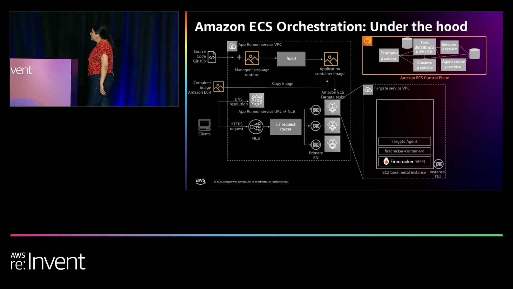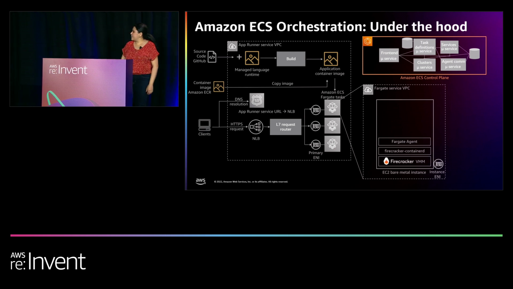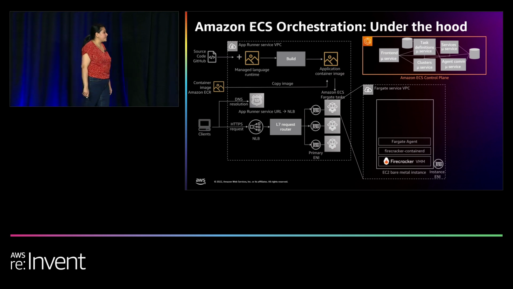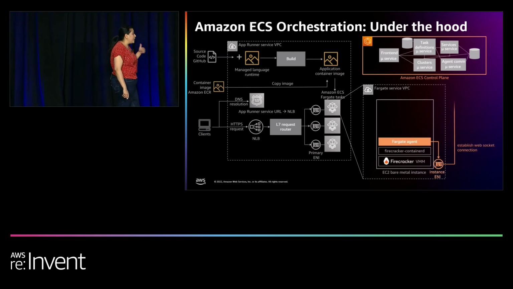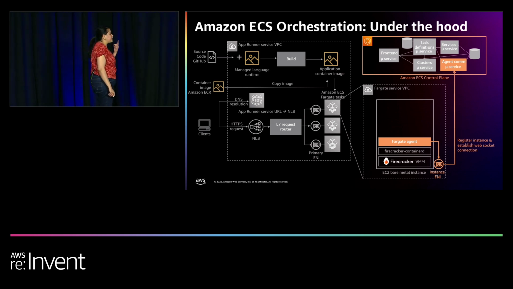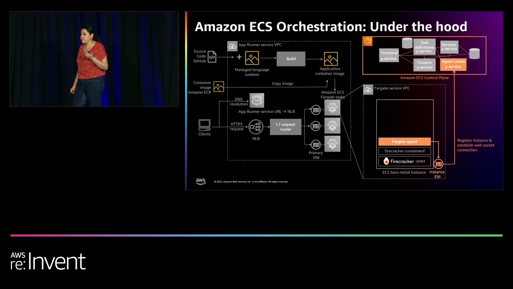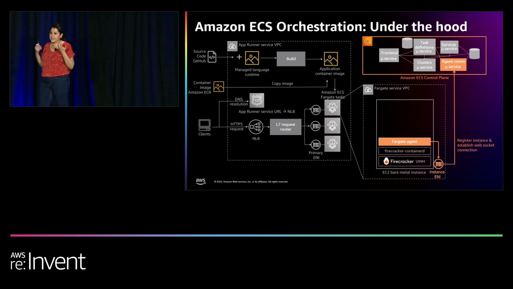The way this works is that when we launch all these bare metal instances in the Fargate VPC and the Fargate agent bootstraps, the Fargate agent speaks out through that primary bare metal instance ENI and registers the bare metal instance with one of the microservices, which we're going to call the agent communication service. That's the service that owns all these incoming connections from the actual worker nodes, right?